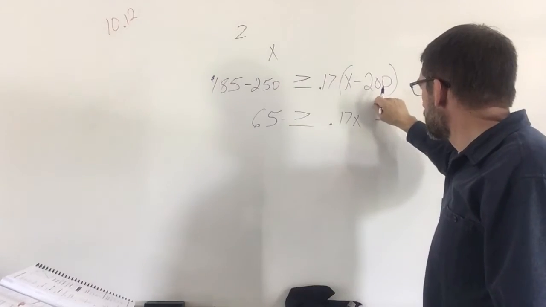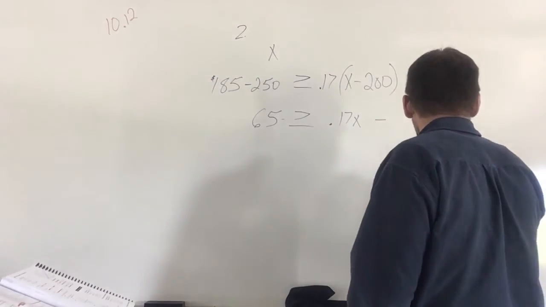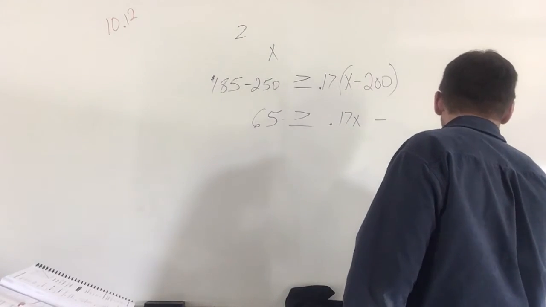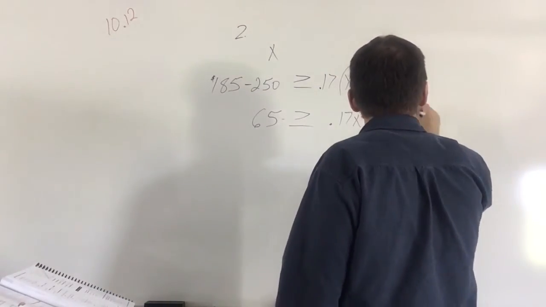I don't know what that is. I don't have a calculator. Yes, I can do it without a calculator. 2 sevens is 14, 34. Okay, 34.